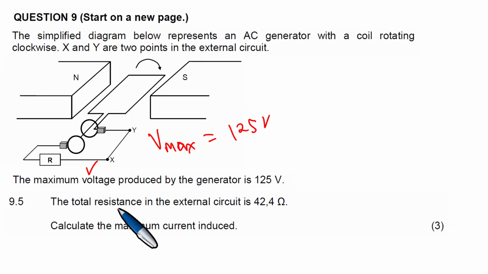So at this point, obviously, we know that the total resistance in the external circuit is 42.4.